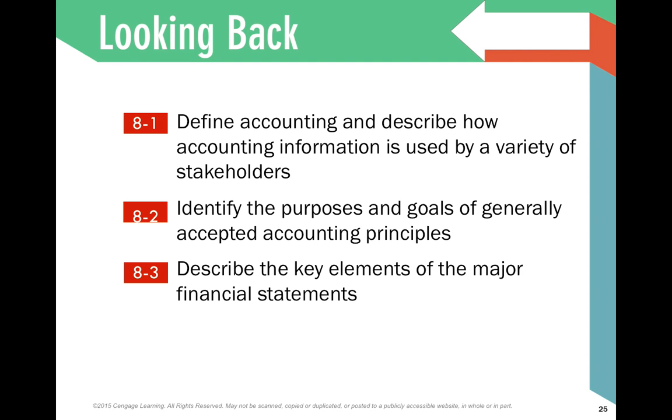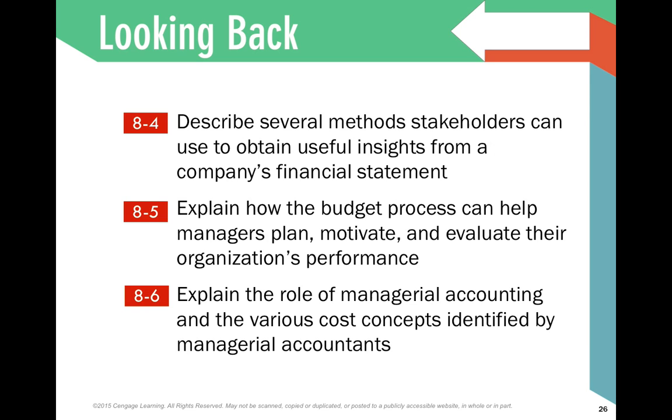So this is just a very, very top line, 10,000 foot view of accounting. We've defined accounting and described how accounting information is used by a variety of stakeholders. We've identified the purposes and goals of generally accepted accounting principles, or GAAP. We've described the key elements of the major financial statements.